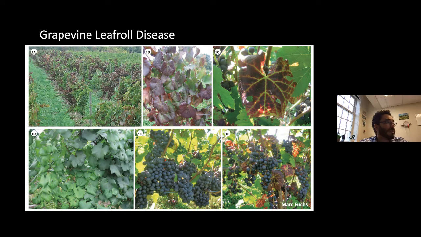In the white varieties, you see chlorosis, and sometimes you see also necrosis. What is common between them is that the leaves start rolling. That's why the name of the disease, leaf roll disease. This disease also affects the grapes, deeply affecting the quality of the final product, either wine or juice, whatever you're working with. I will touch base on this in just a moment.